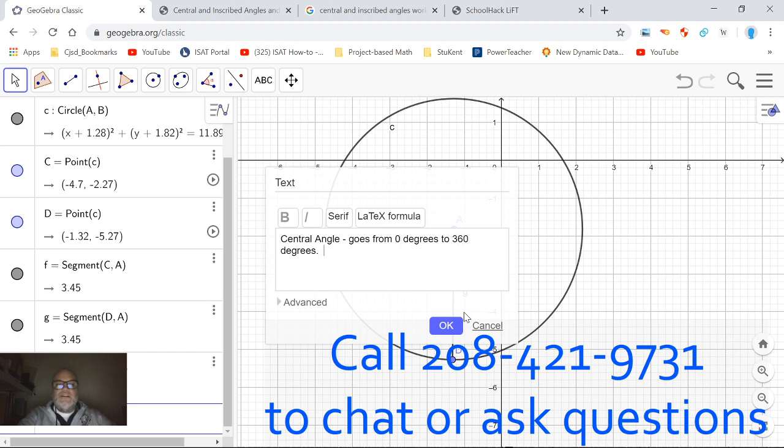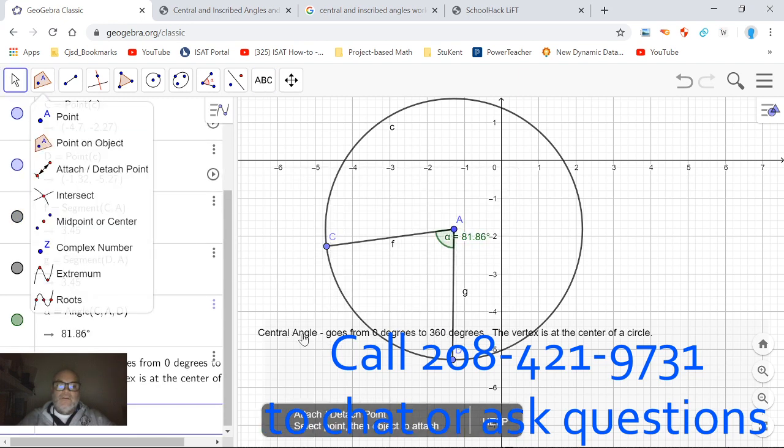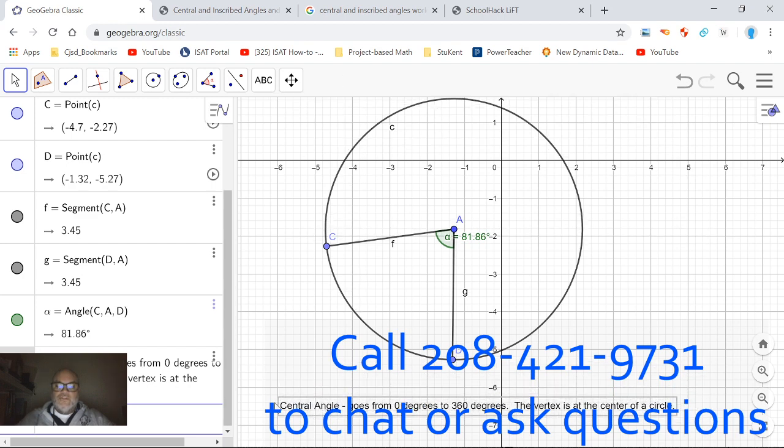That makes sense. The vertex is at the center of a circle, so that's why we call it the central angle. Let me put that down there. You just got to remember that term.